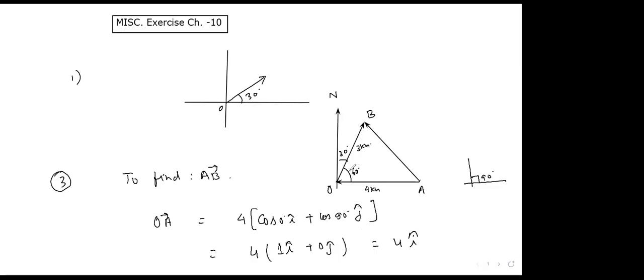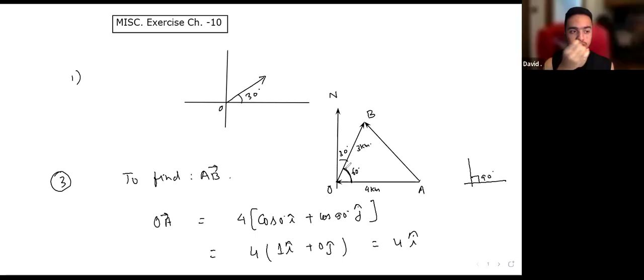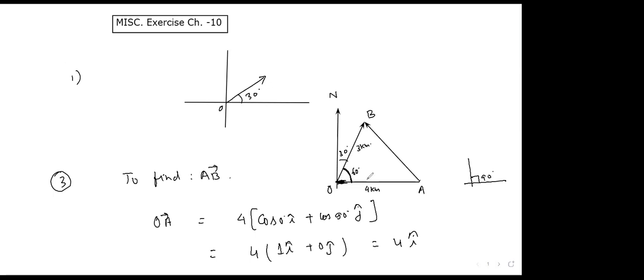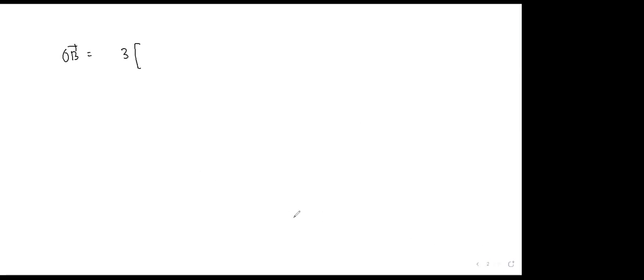And what is the OB vector? 3 kilometers is the magnitude. Take 3 outside. And the angle formed with horizontal axis is 60 degree, isn't it? If we take this as x-axis and this as y-axis, this is origin. So with the horizontal axis, it makes 60 degree angle.